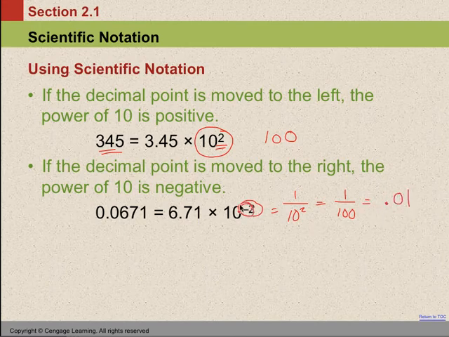So anything with a negative exponent on that 10 is going to be a number less than 1, okay, a fractional number. That helps me remember, all right? So whether you're going from scientific notation to standard form or standard form to scientific notation, that 10 to the 2 is going to mean a larger number. 10 to a negative is going to mean a smaller than 1 number.